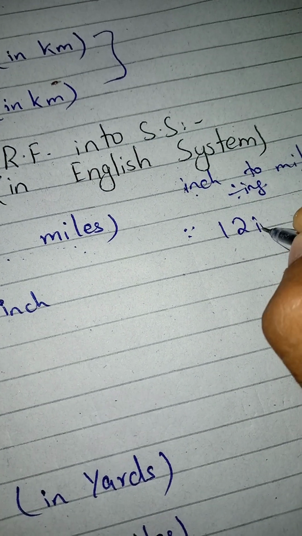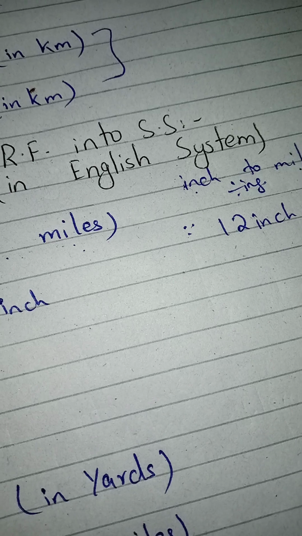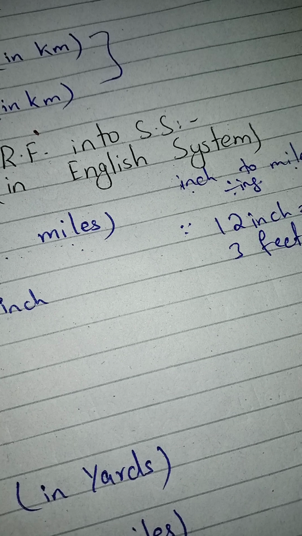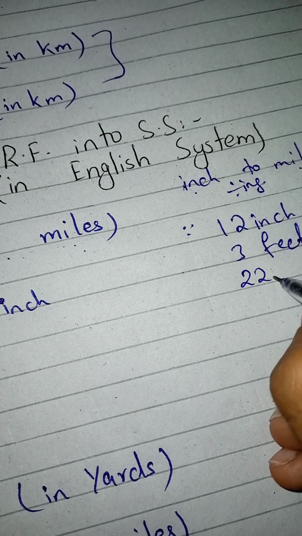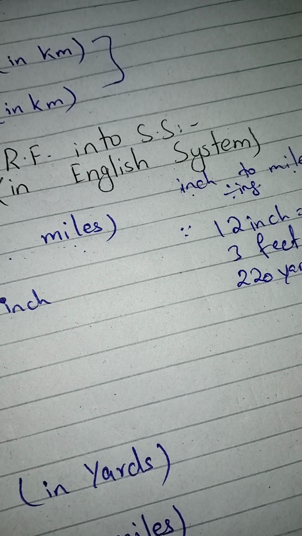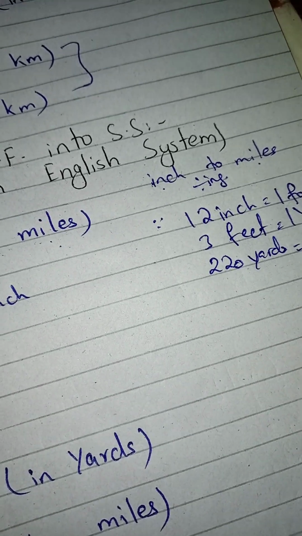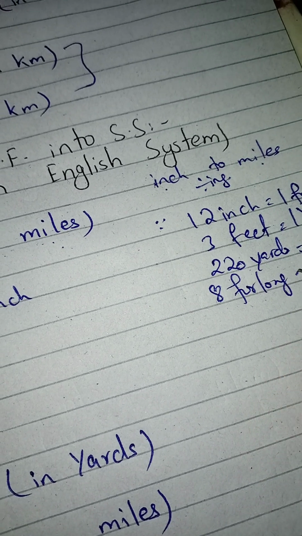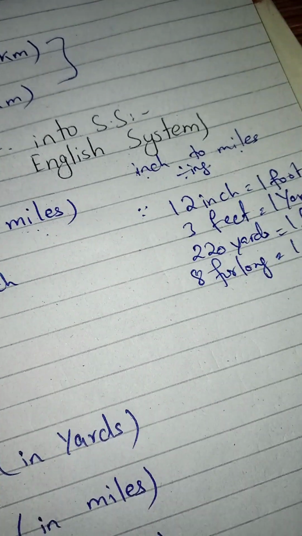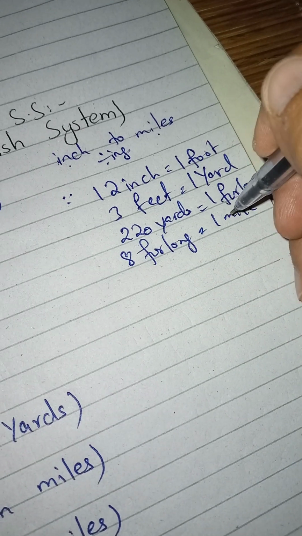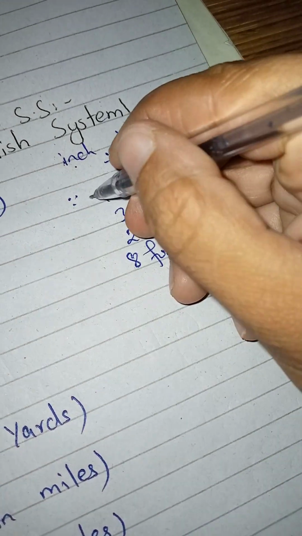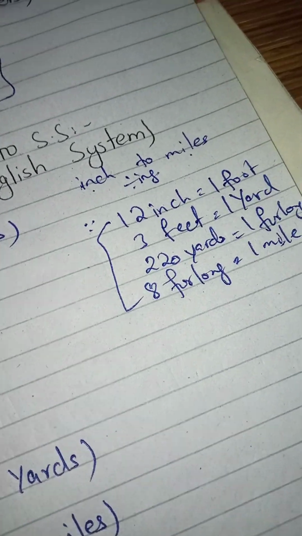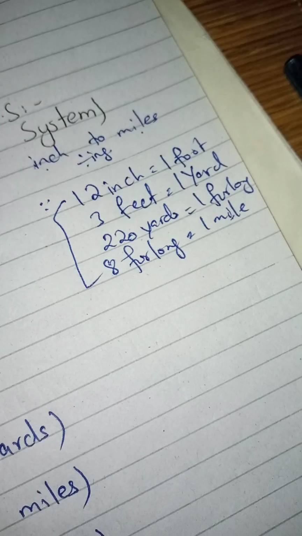Basically 12 inch is equal to 1 foot, 3 feet is equal to 1 yard, 220 yards is equal to 1 furlong, and 8 furlong is equal to 1 mile. Now we are going to use all these values to convert it into miles. How? Simply we are going to multiply them.